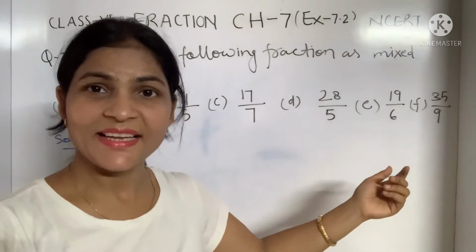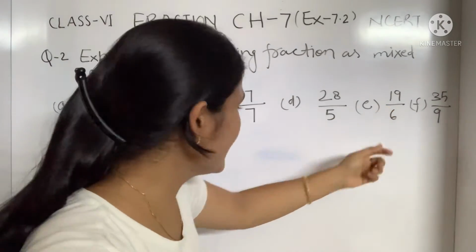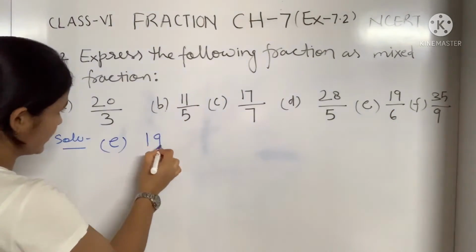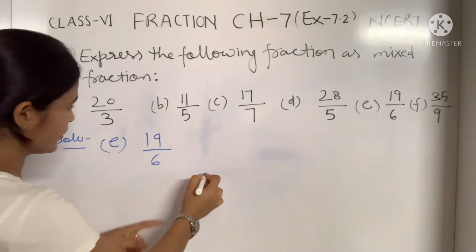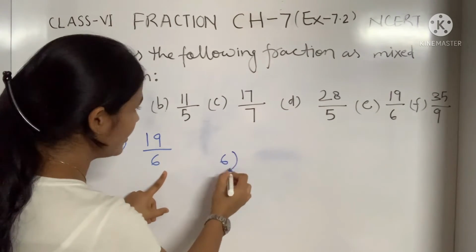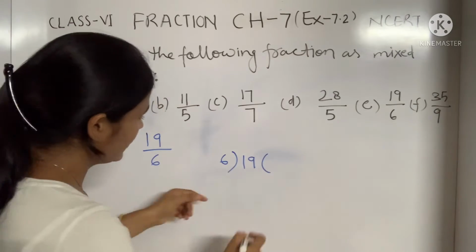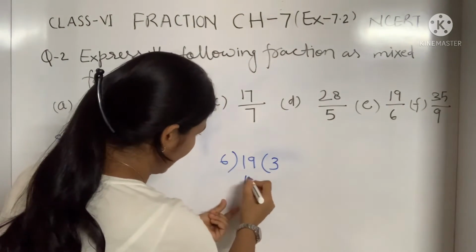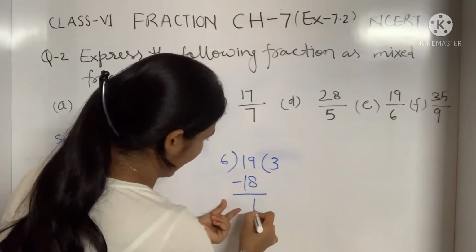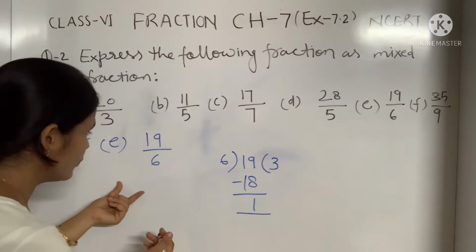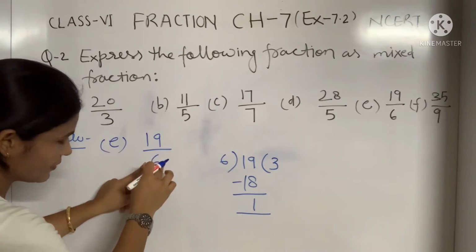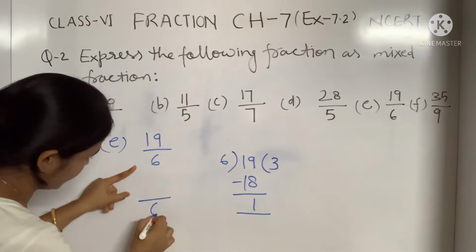This is part E. 19 upon 6. We have to write 19 upon 6 as a mixed fraction. So I have written 6 here, 19 here, and 6 3s are 18. It will go 3 times. After subtracting, we get remainder 1. So as we did earlier, 6 always stays in the denominator, so I have written 6 here.